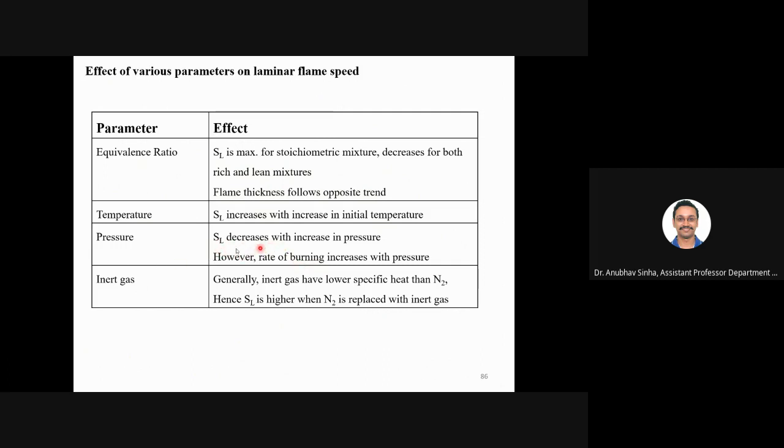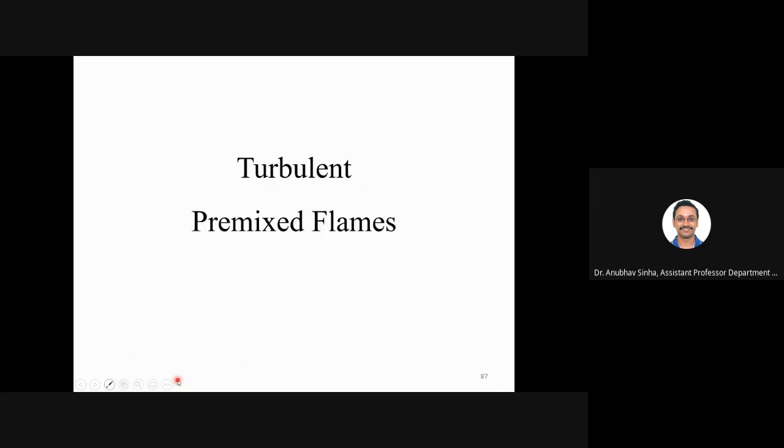This is a very interesting phenomenon: SL decreases with increase of pressure. And addition of inert gas lowers the specific heat, then SL becomes higher. Okay, so this was the summary of the various factors affecting laminar flame speed.